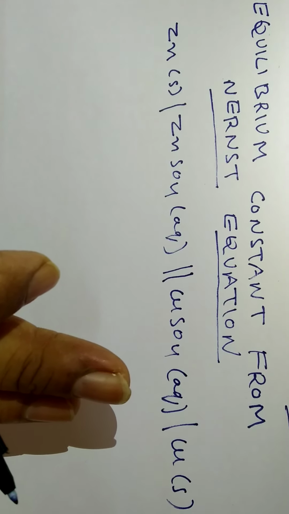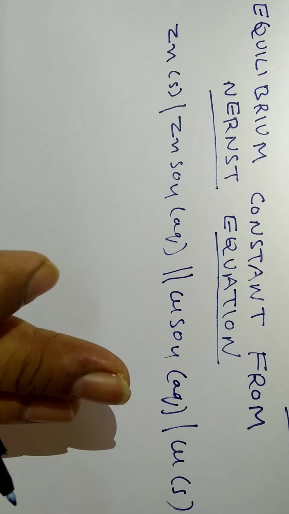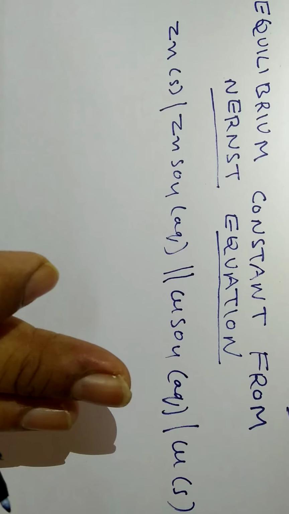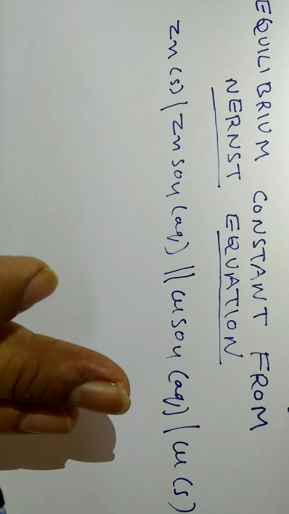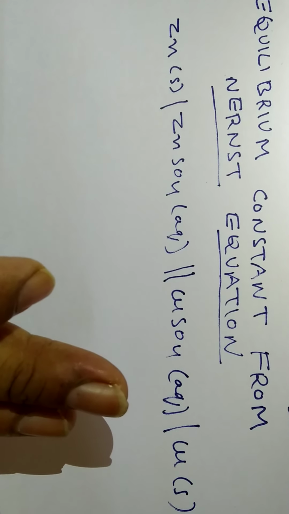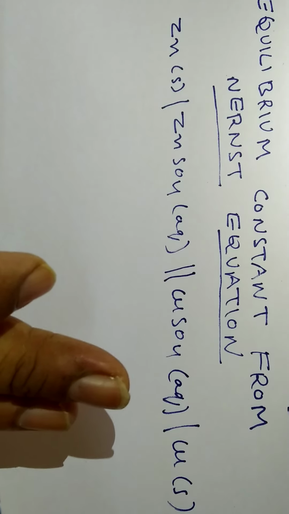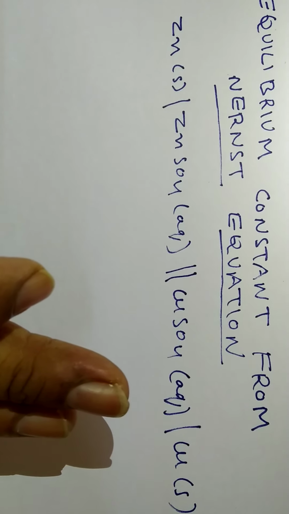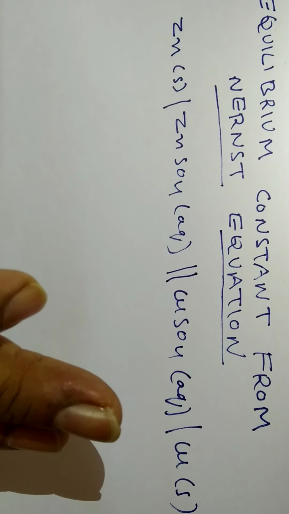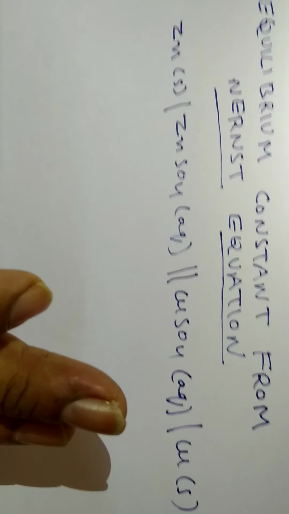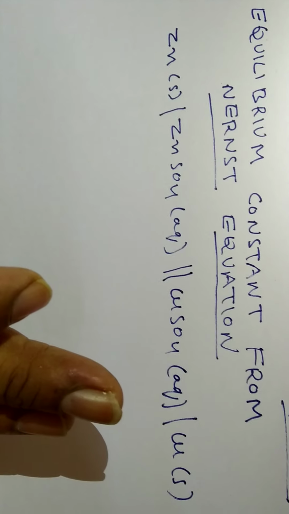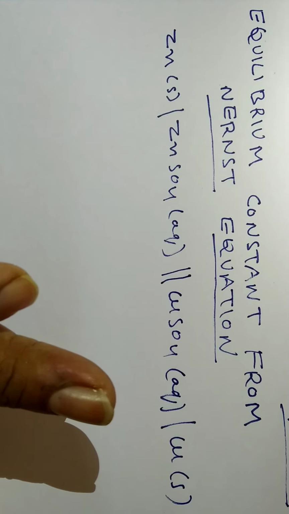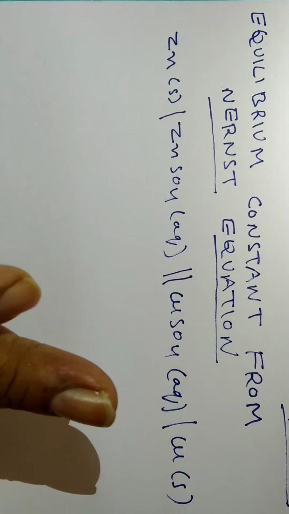As a result, what happened? The concentration of copper sulfate solution decreases and that of ZnSO4 increases. Since electrode potential depends on the concentration of solution, the electrode potentials of the two electrodes keep on changing. Ultimately, a stage comes when the electrode potentials of the two electrodes become equal and current stops flowing.